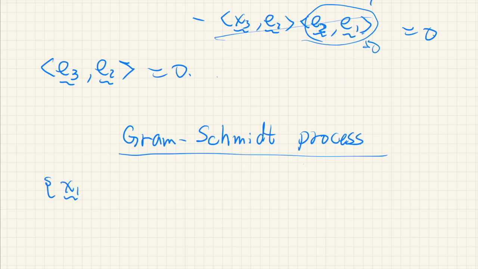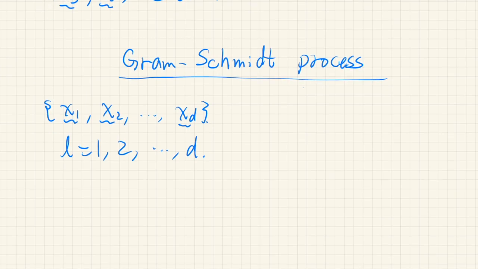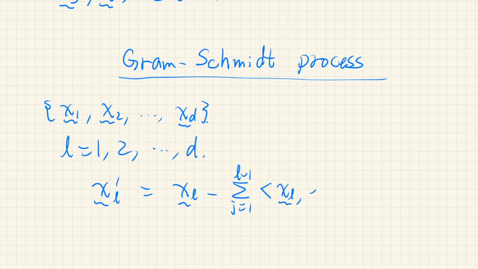So first, we are given d vectors, x1, x2, up to xd. And for each l from 1 up to d, we do the following. First, define xl prime as xl minus the sum over j from 1 to l minus 1 of the inner product between xl and ej, times ej.